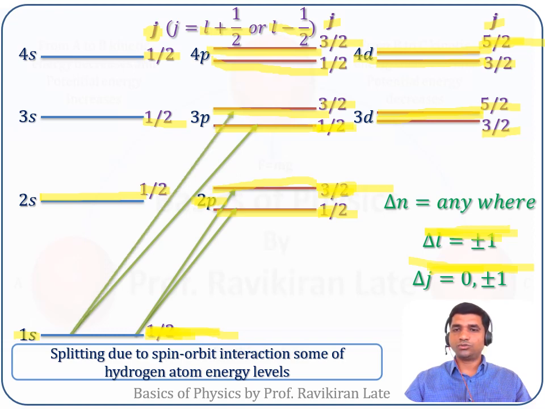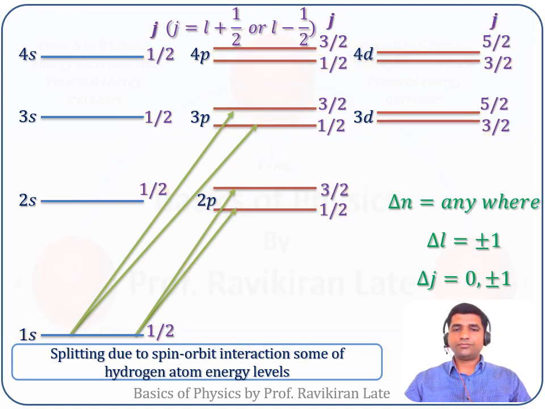So this transition is okay. You can have a transition from 1s 1/2 level to the 3/2 level, which will also be okay, because 1/2 minus 3/2 will be minus 1, which is okay with the delta J selection rule, and also delta L is equal to plus 1, so that is also okay.